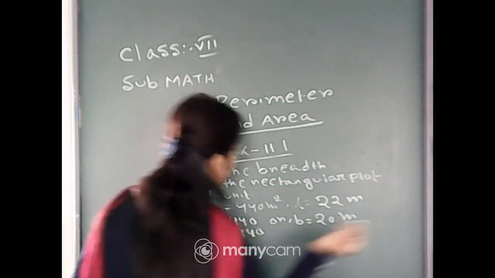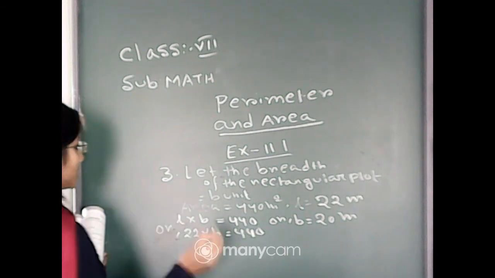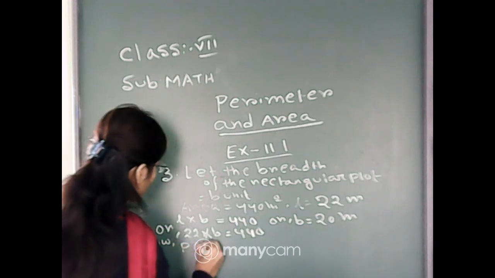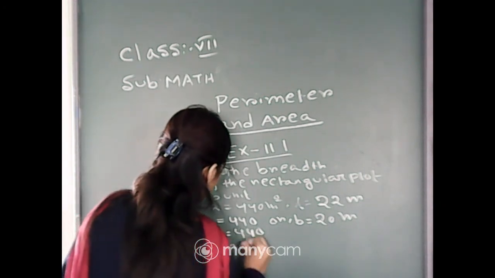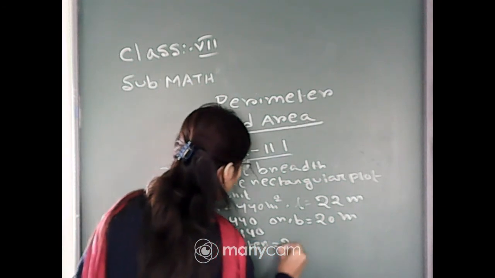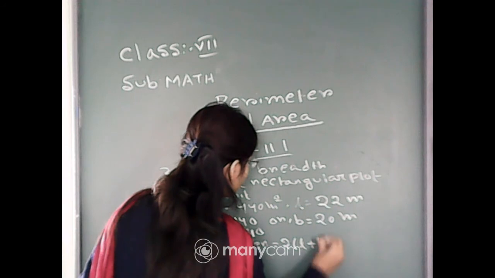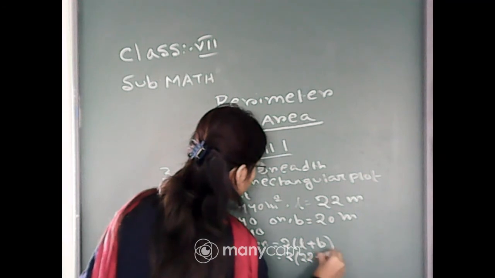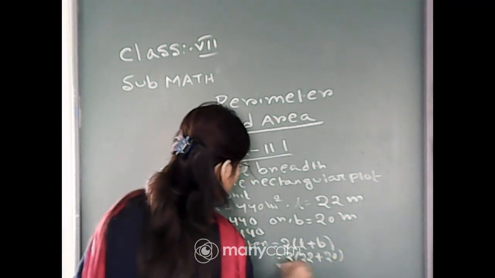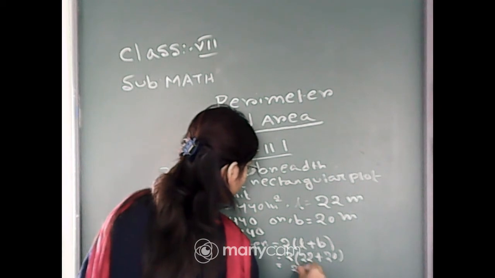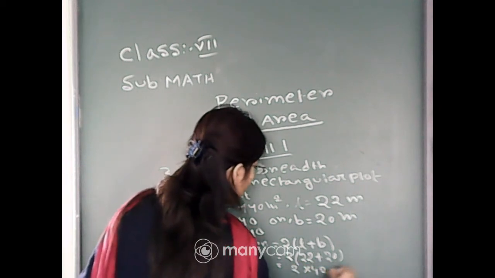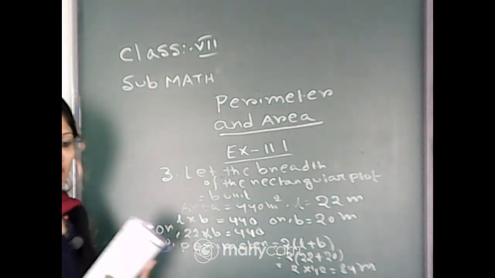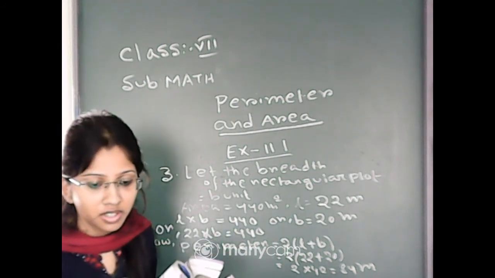Therefore, the breadth of the rectangular plot is 20 meter. Now, the perimeter of the rectangular plot is equal to 2 into (L plus B), that is 2 into (22 plus 20), and the final answer is 84 meter.